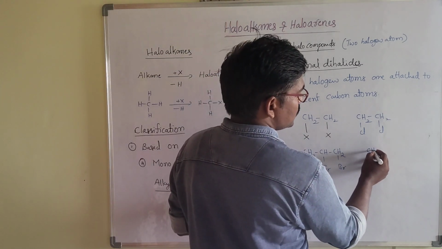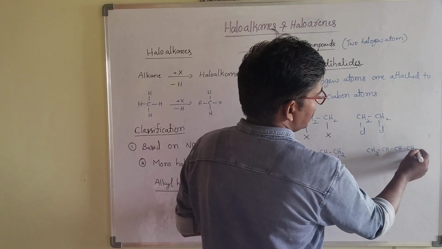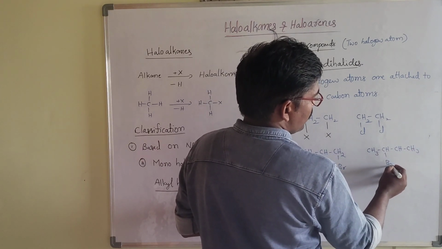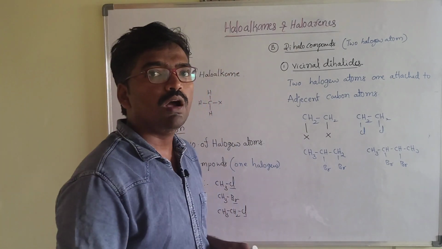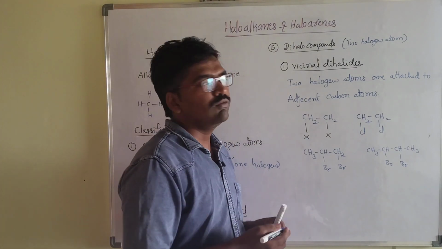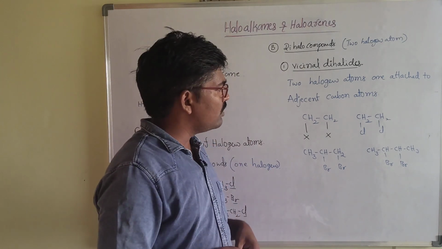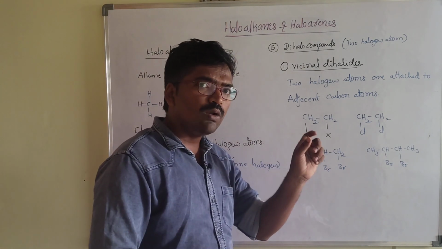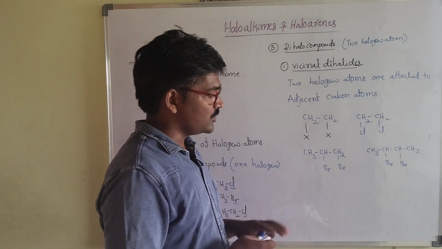Then CH3 bond CH bond CH bond CH3 with bromine attached like this, we call 2,3-dibromobutane. All these are vicinal dihalides, where halogen atoms are attached to adjacent carbon atoms. That you have to observe.